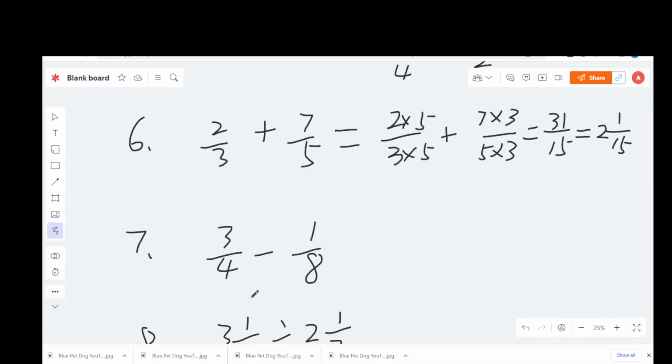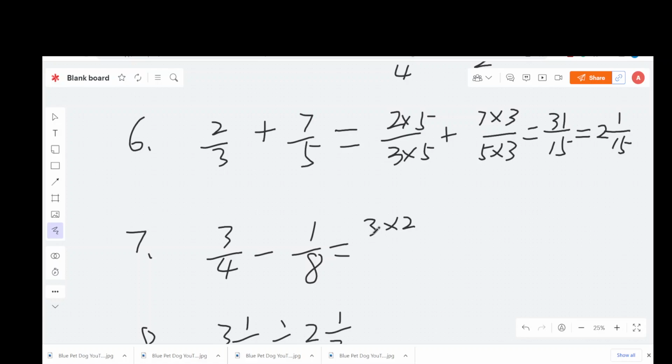And this one, 3 over 4 minus 1 over 8. This is the same problem. The denominator is different, so the first step should change their denominator to the same. So here is 4. 4 times 2 is 8. Change to 8. So 8 is the same. So we do that, 3 times 2.